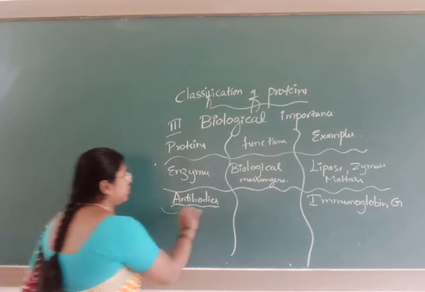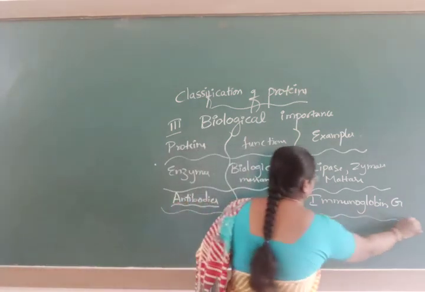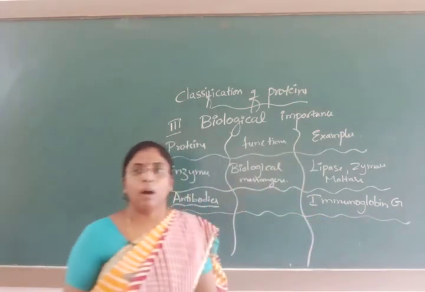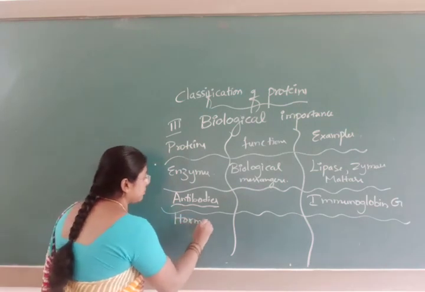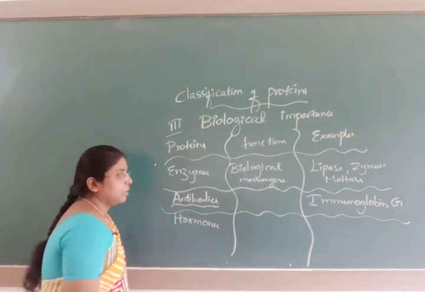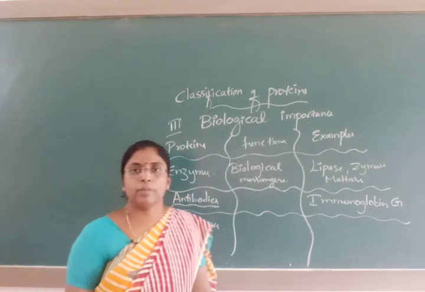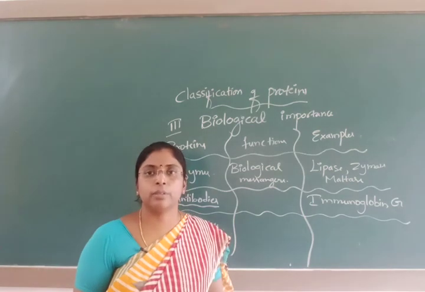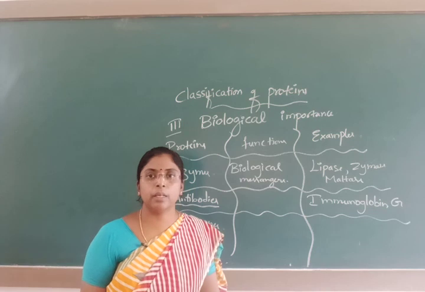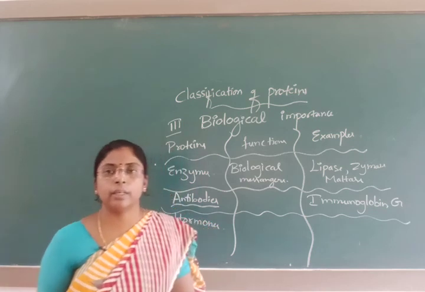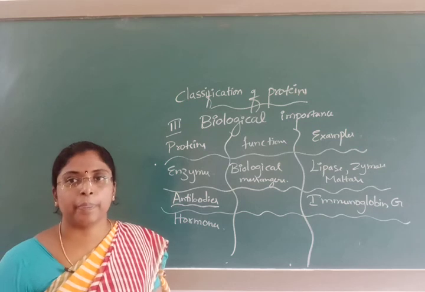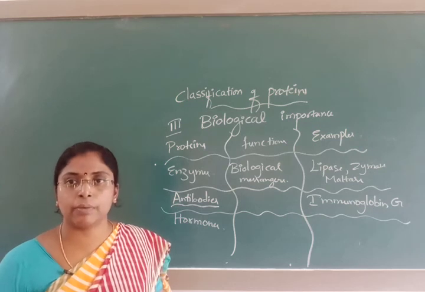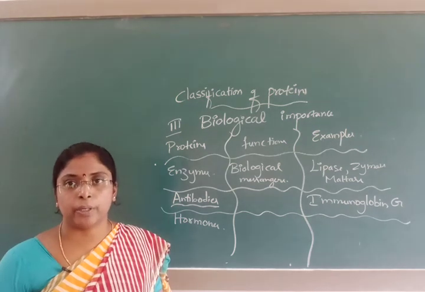After these antibodies, next come the hormones. From where are these hormones produced? Hormones are produced from the ductless endocrine glands. What is the role of these hormones? They help in growth as well as in reproduction.